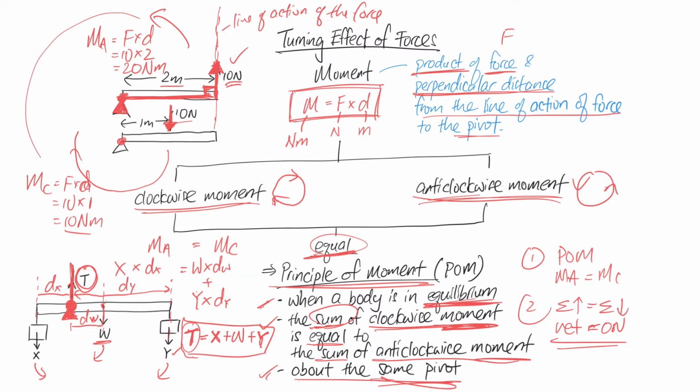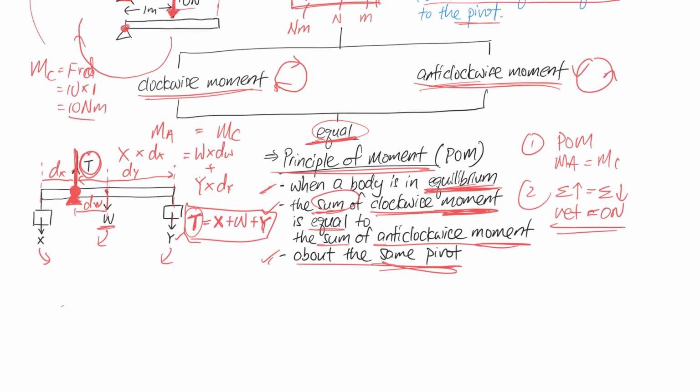Okay, or in other words, if I were to simplify or draw the free body diagram for the rod here, you have the rod here, there's upward force T, there's downward force X, there's the weight of the rod W, and finally the force Y.